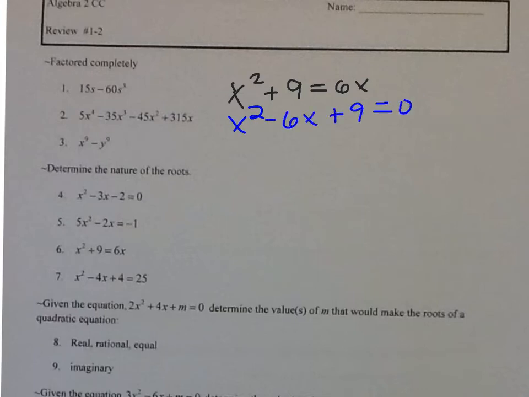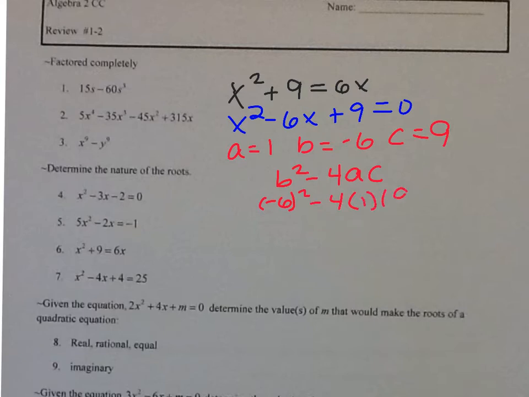All right, so we're going to identify A, which is 1, B, which is negative 6, and C, which is equal to 9. Now we are going to find the discriminant, which is B squared minus 4AC. So it's negative 6 squared minus 4 times 1 times 9. Plug that in the calculator and you get 0.